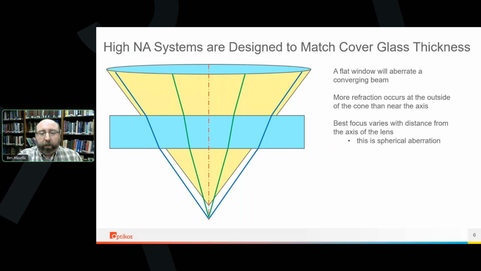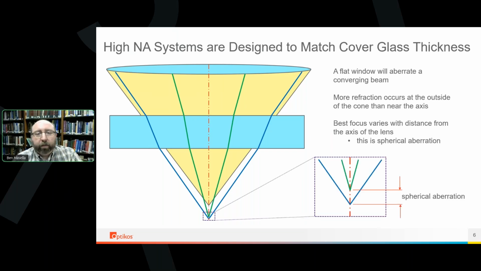So what you end up with is a displacement of the image as a function of angle within that numerical aperture cone. And that's what we refer to as spherical aberration. So what's happening here is that the variable refraction across a perfectly flat window can cause a disruption in the imaging quality of the optic, even if the optic itself is perfect.